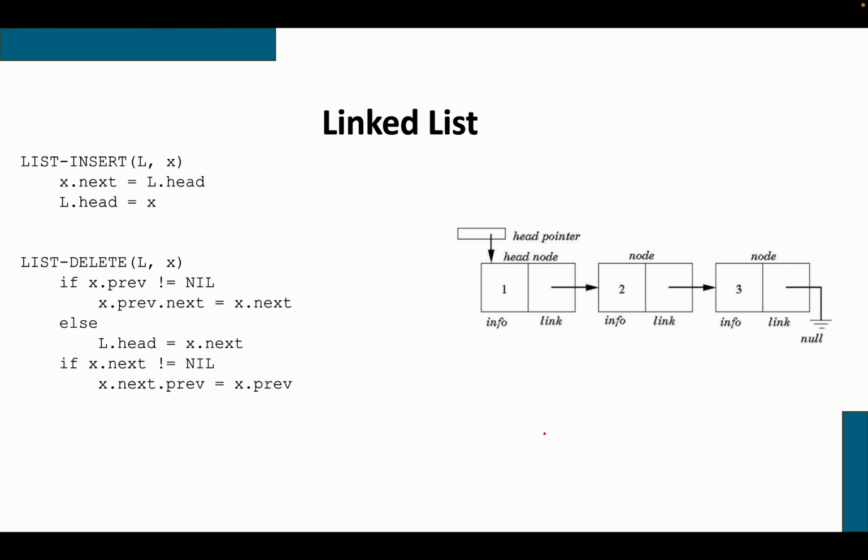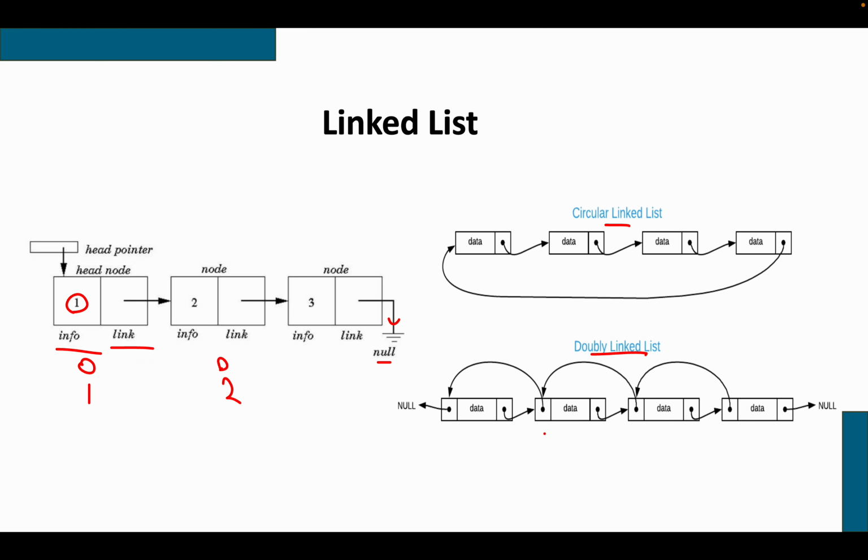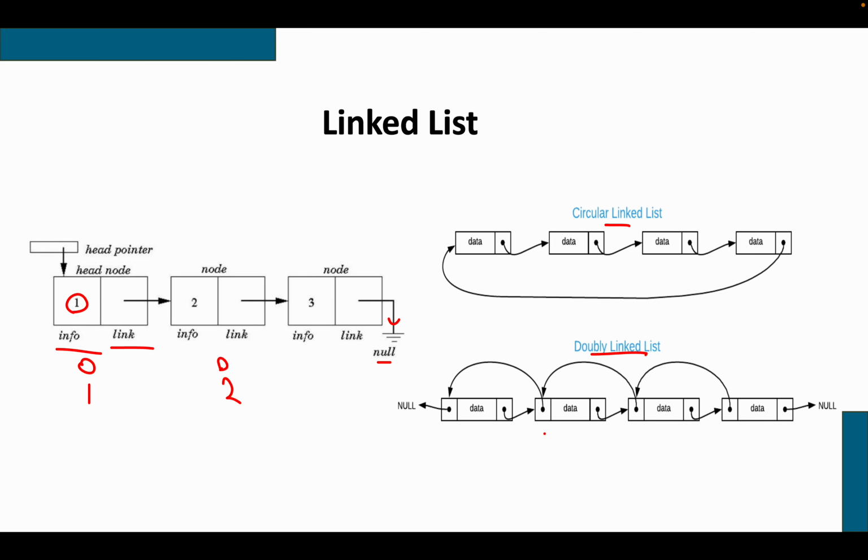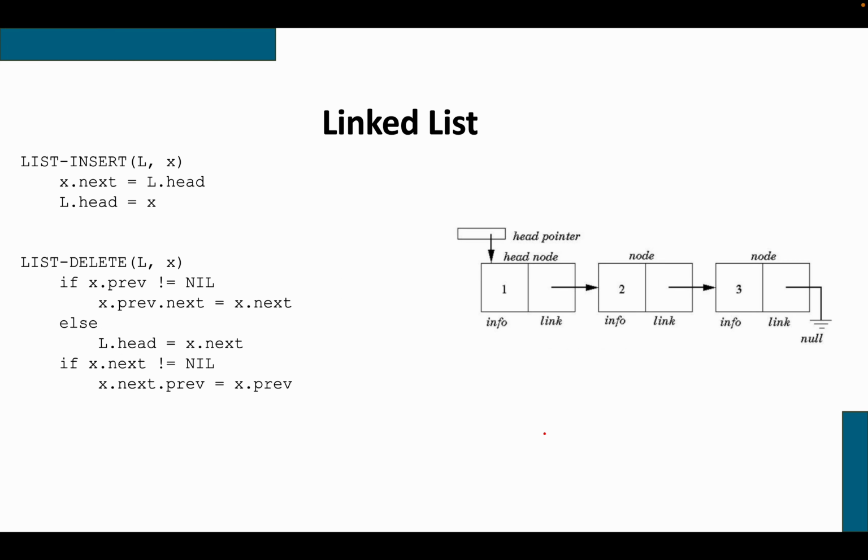By this linked list structure, we can overcome the resizing problem. As I've said to you, because the array size is constant, each time we want to add more values to a full array, we need to resize it. But by the linked list structure, we can overcome it.